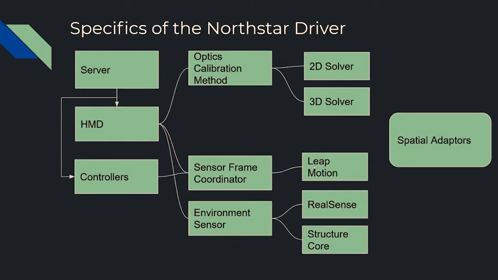And then there's a class called the sensor frame coordinator, which deals with interdependencies of sensors and encapsulates all that. And then a parameterized class for whether you're using a RealSense or a Structure Core to understand the world around you.